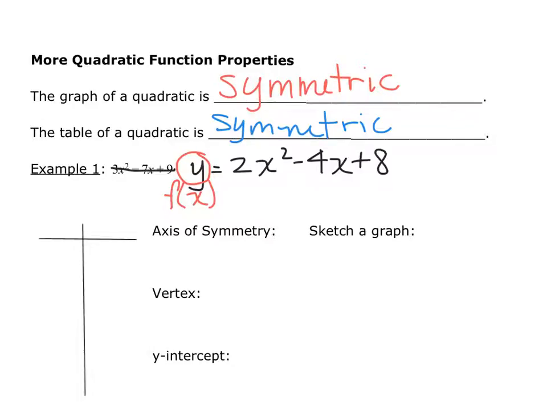So let's go ahead and type in 2x squared minus 4x plus 8. If you're having troubles, let me know. 2x squared. You need x.